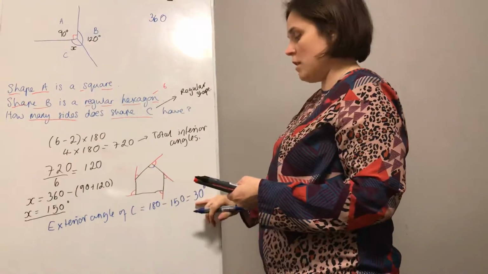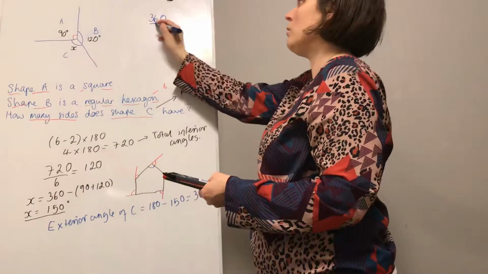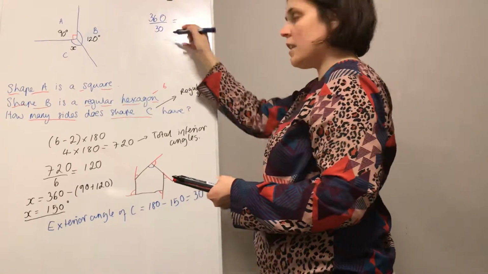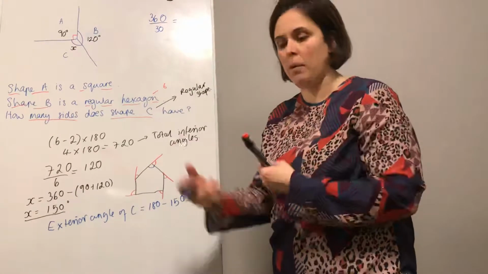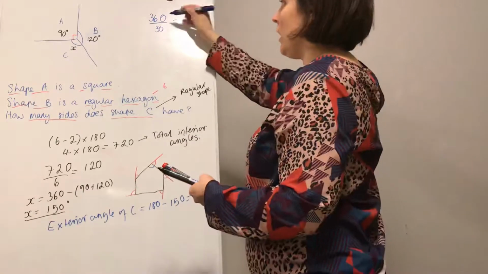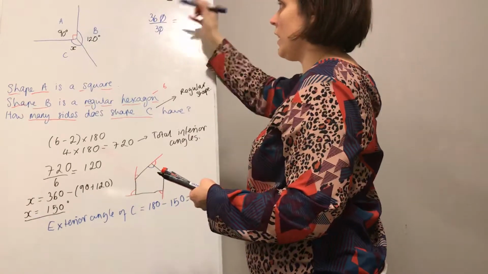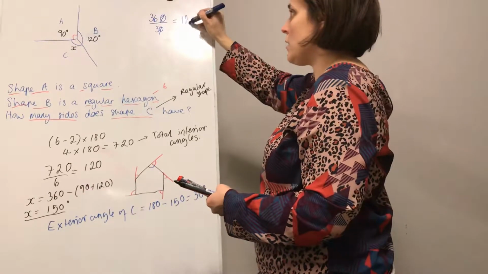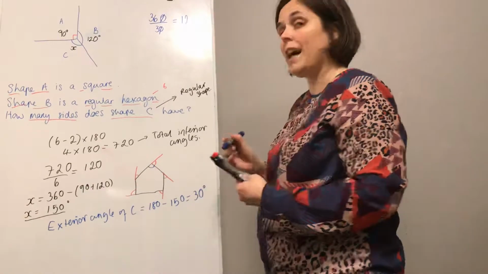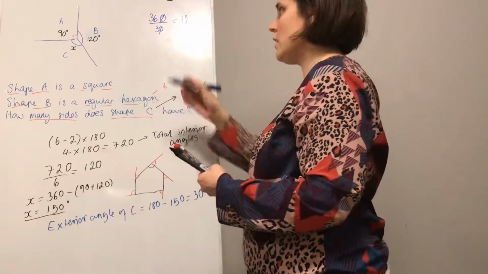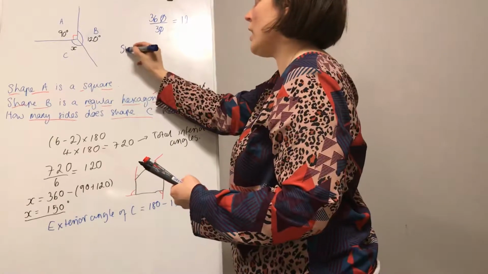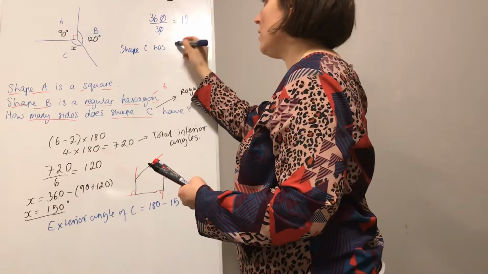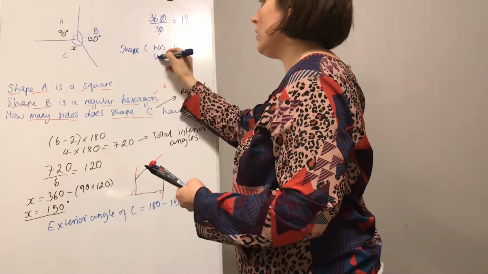If I divide by one exterior angle, which is 30 degrees, then that division tells me how many angles there are. You can cancel the zeros off, and we end up with 36 divided by 3, that's 12. And if there are 12 angles, there are 12 sides, so therefore shape C has 12 sides.